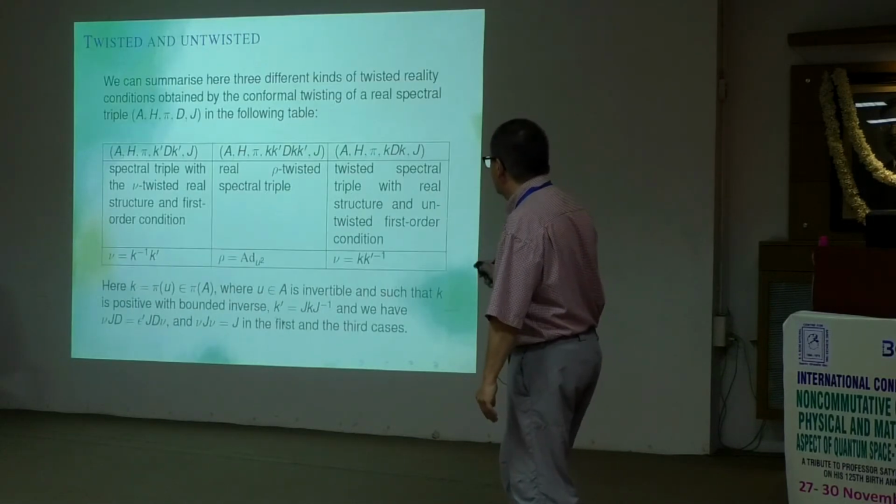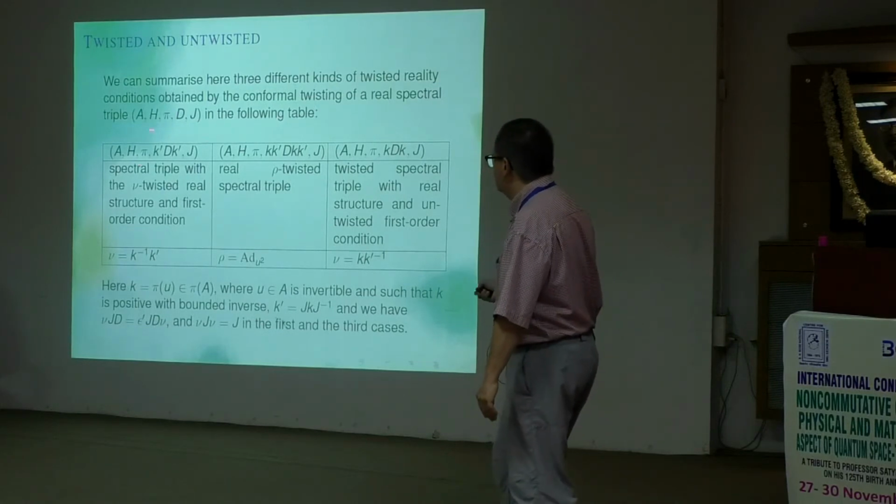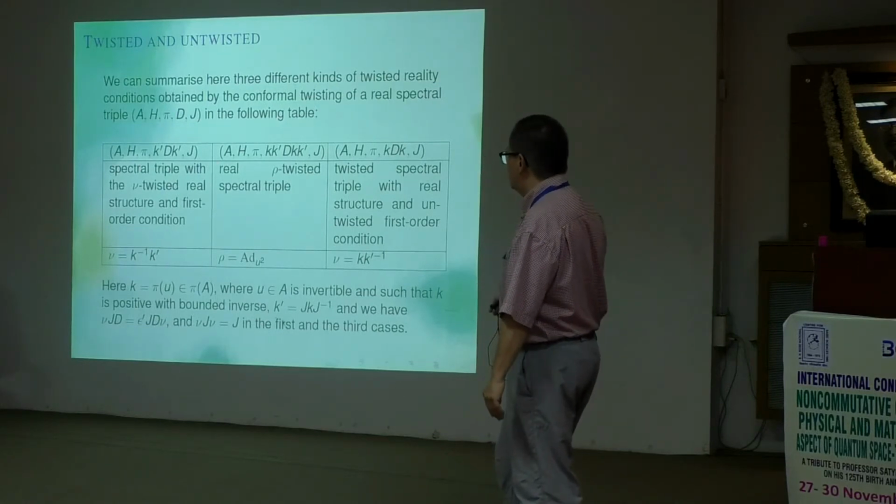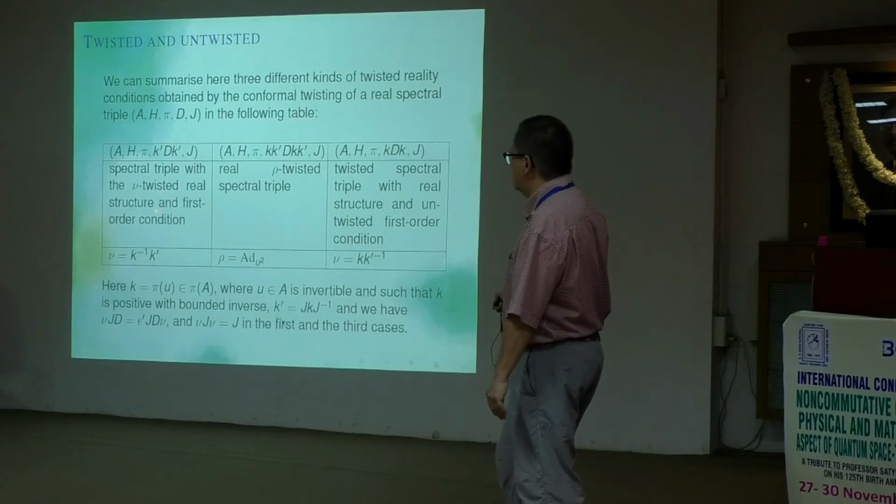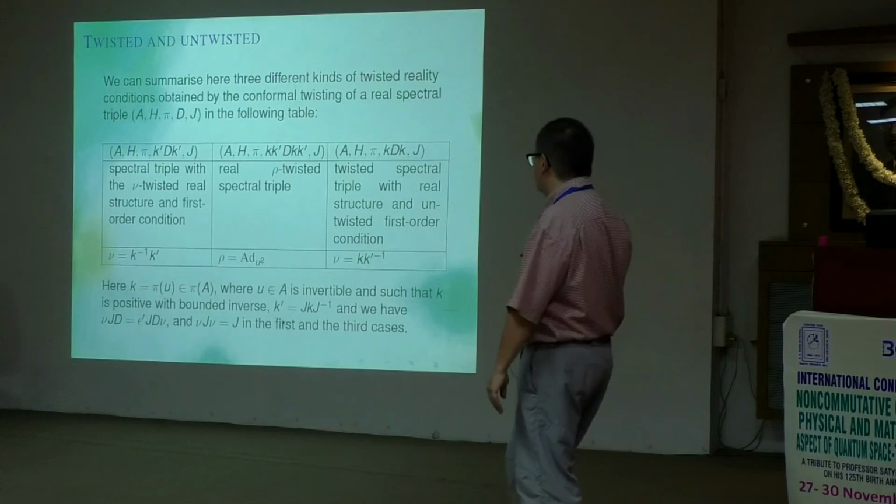Okay, so to summarize this part, these are, for instance, the examples of what you can do. If you have K, an element of the algebra, you start with the usual spectral triple. K prime is in the commutant. So whenever you modify the Dirac operator like that, you get this new twisted real structure. So the usual spectral triple with nu-twisted first order condition.